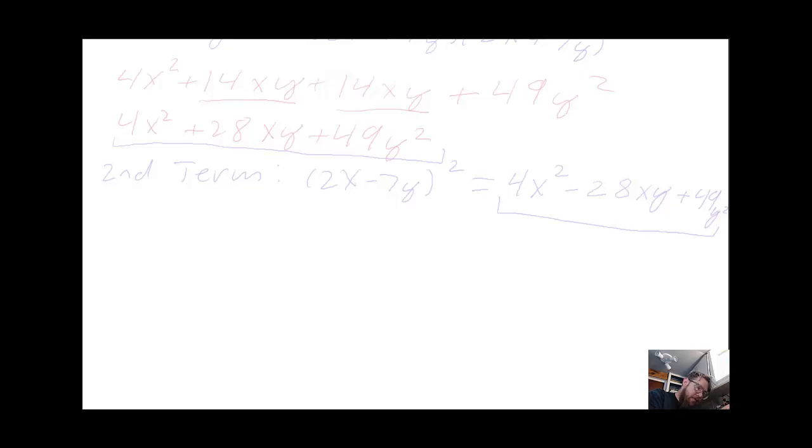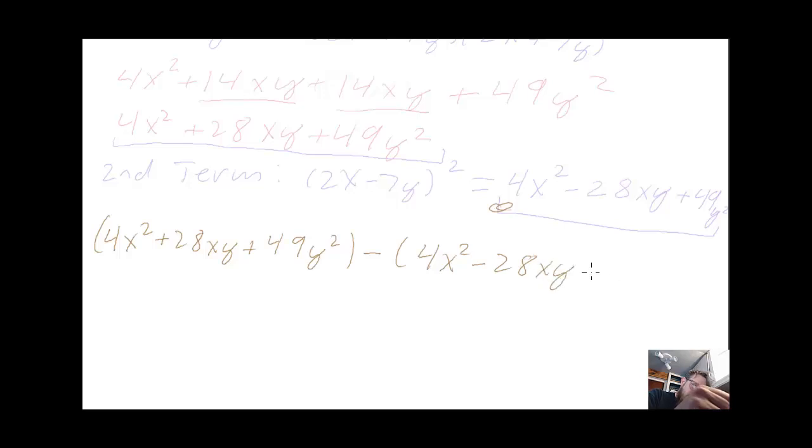We have 4x squared plus 28xy plus 49y squared minus our second term, this guy right here, 4x squared minus 28xy plus 49y squared. Right, so we're going to distribute this negative sign through here. So we're going to flip all the signs.